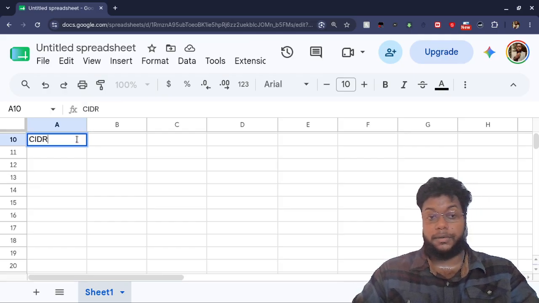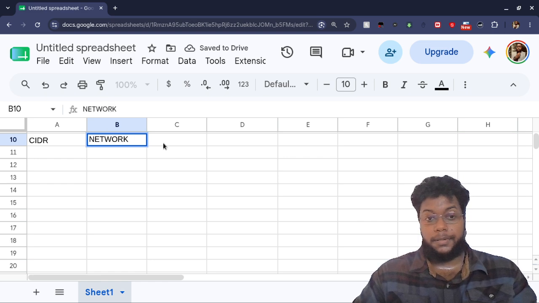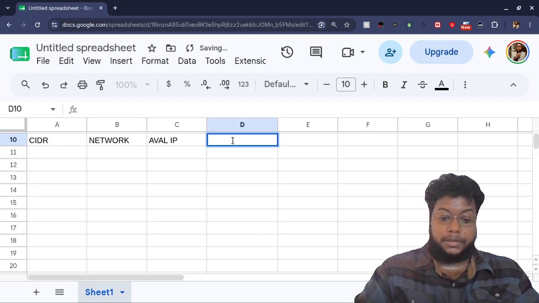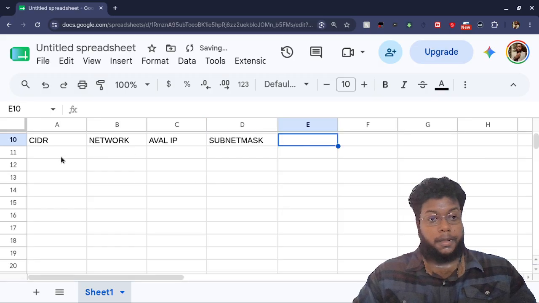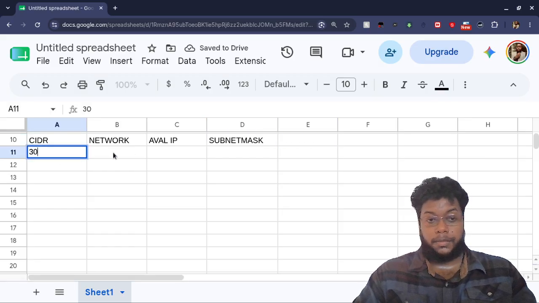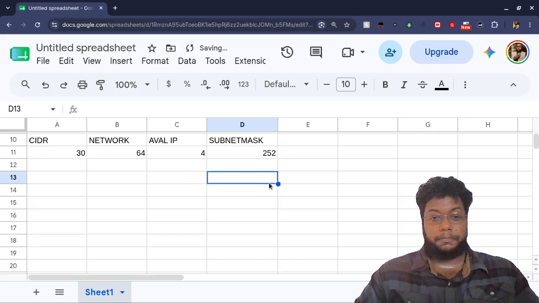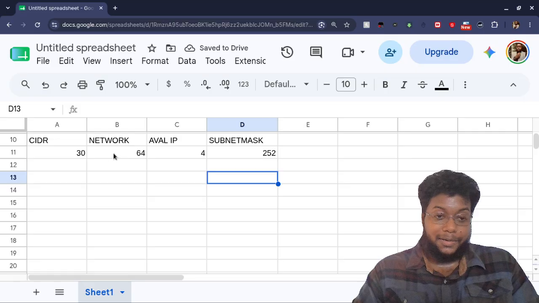C as in CIDR, N as in network, A as in available IPs, S as in subnet masks, right? Cool. Under this we have 30, 64, 4, 252. You see what I'm saying? Once you have this down, right?